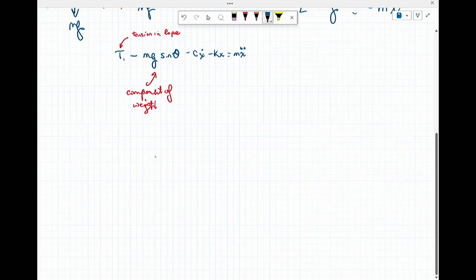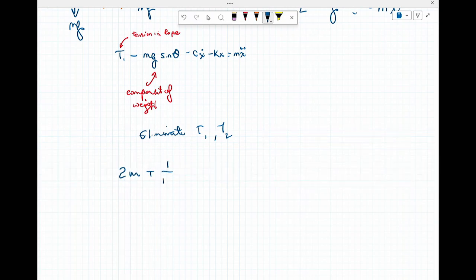So if I eliminate T1 and T2, we can get (2m plus 1 over r squared) x double dot plus cx dot plus kx is equal to 0.